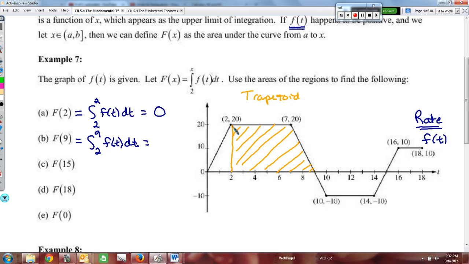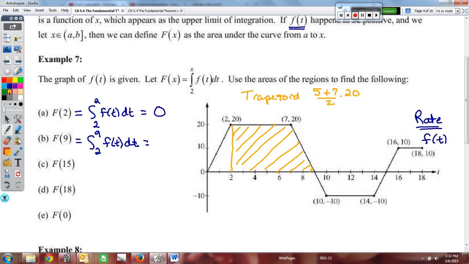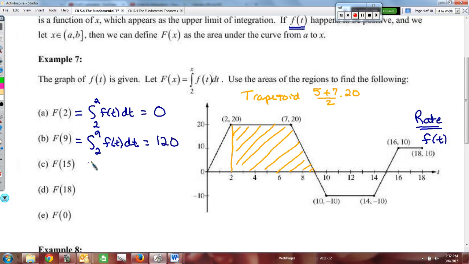So I average the bases: from 2 to 7 is a base of 5, from 2 to 9 is a base of 7, so I average the bases and multiply times the height, which is 20. So we end up with 12 over 2, 6 times 20, or 120 for that one. So 120 is how much area we have accumulated from 2 to 9.